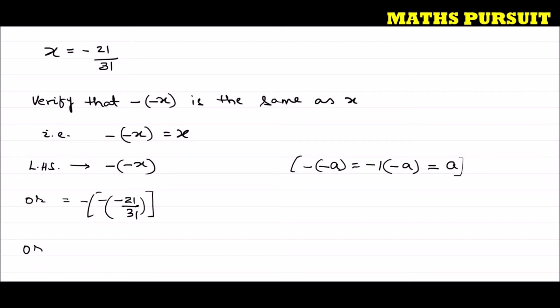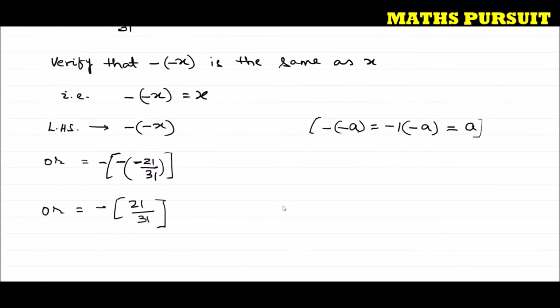Guys, don't get confused here with the symbols. Let this minus be here first, and let us solve the negative values within the bracket. This minus inside the bracket and this minus inside the bracket will become plus, so 21 upon 31. I hope till here we are very clear.